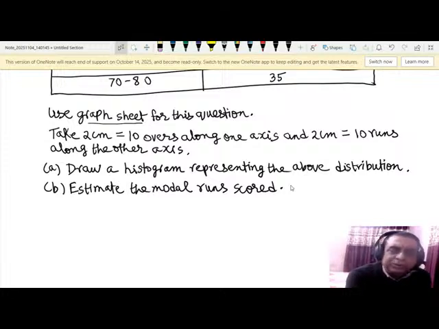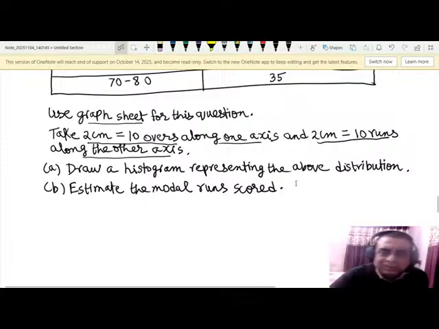So in the question, it is saying, take 2 centimeter equal to 10 overs on one axis, and 2 centimeter representing 10 runs along the other suitable axis.